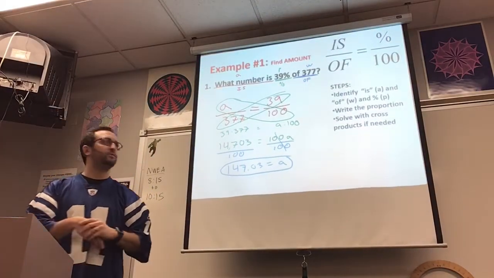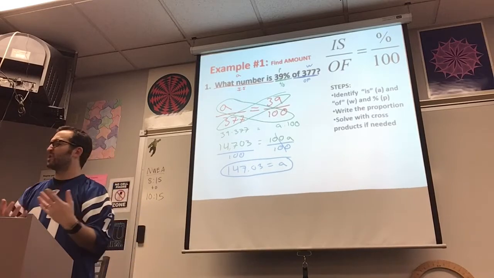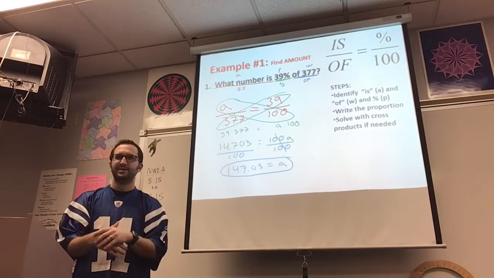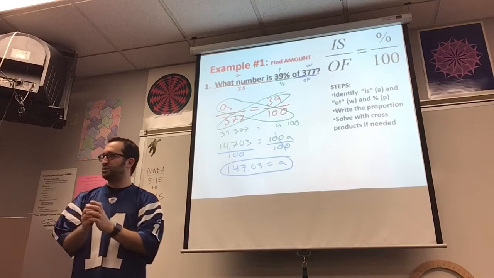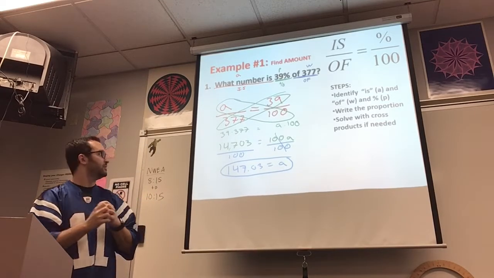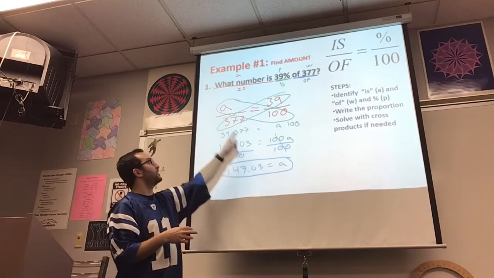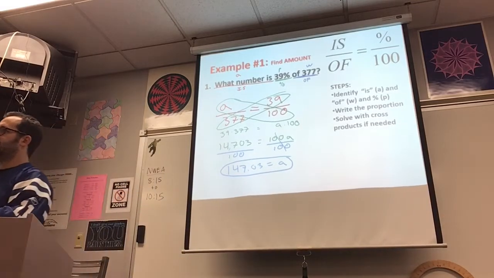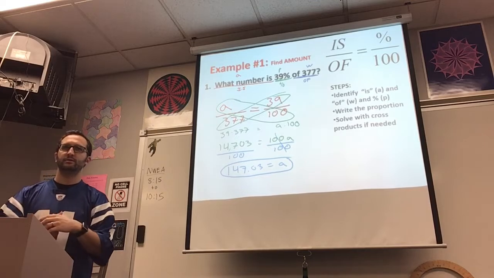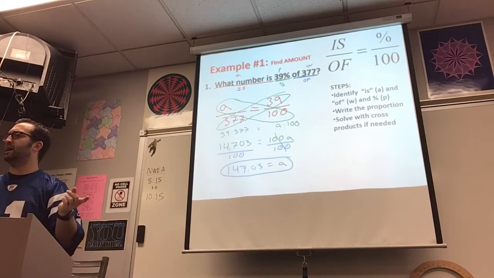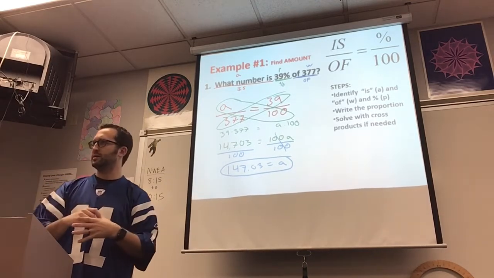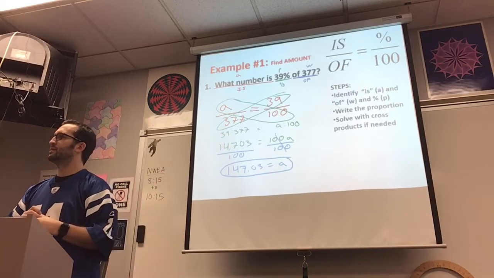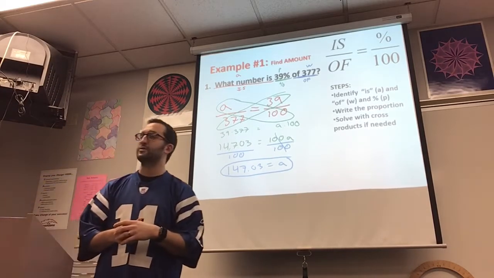Don't worry, we'll go a lot faster on the rest of them. This is the first one, so I'm going to talk through everything. Okay. Did you check it? Did you plug it in for A? 147.03 divided by 377. Did you get 0.39? Why does it make sense to get 0.39? 0.39 is 39%. You're absolutely right.